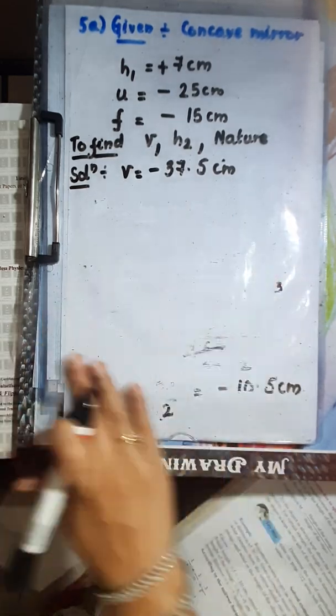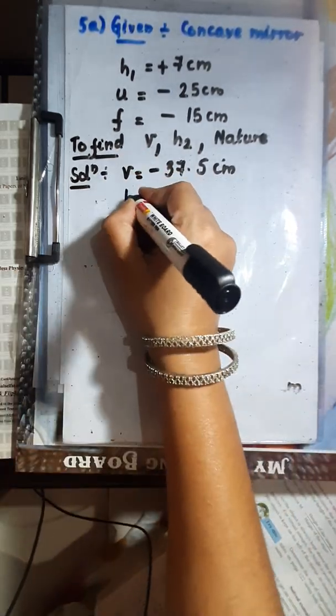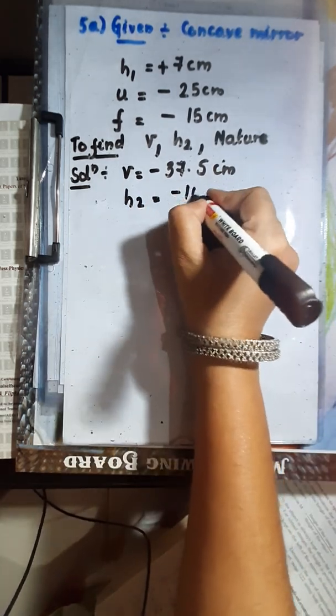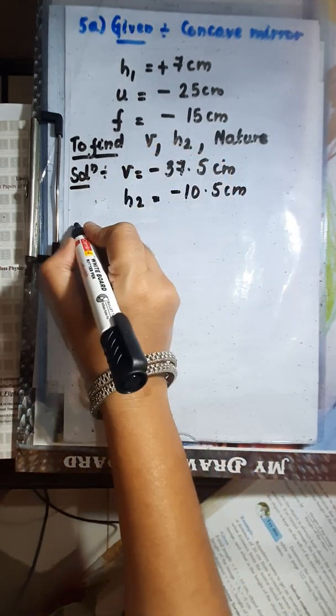Now, the last part is very important. Okay, now h2 is equal to minus 10.5 centimeter. Now, what you must say?